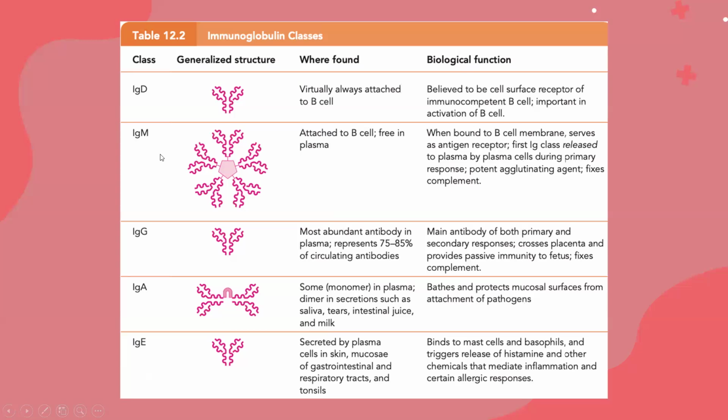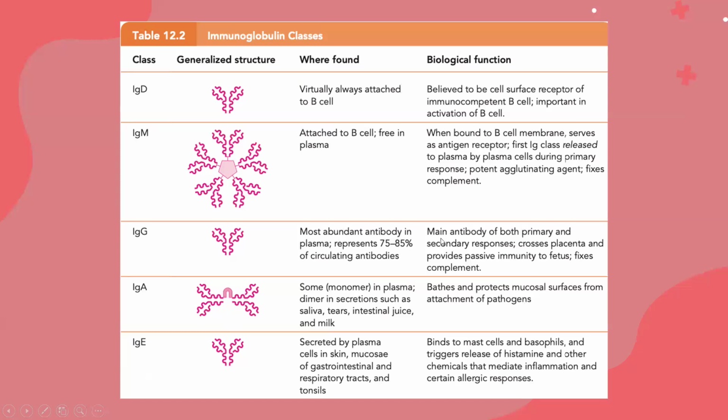Okay, so when I ask you what type of immunoglobulin is the first responder during a primary response, ang answer will be si IgM ang unang tataas. Okay? The next one is IgG, and of all of these ones, it is the smallest, and it is the most abundant antibody in the plasma, okay, or in the blood.